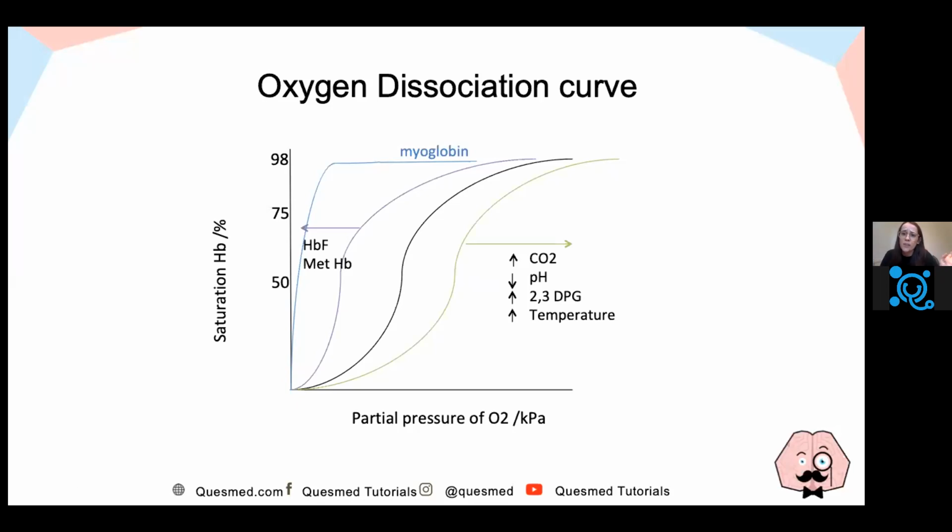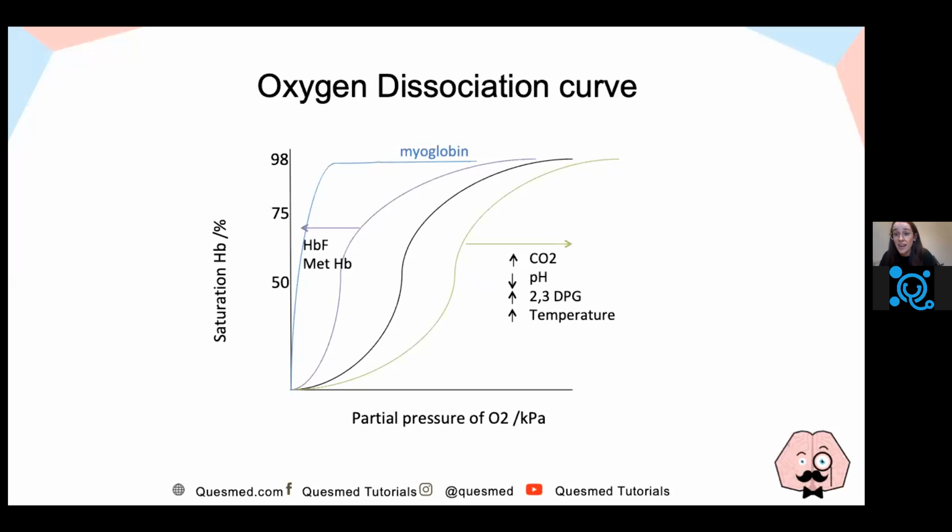The key things that we think about for this leftward shift of the oxygen dissociation curve, or an increased affinity of hemoglobin for oxygen: fetal hemoglobin has an increased affinity for oxygen than adult.